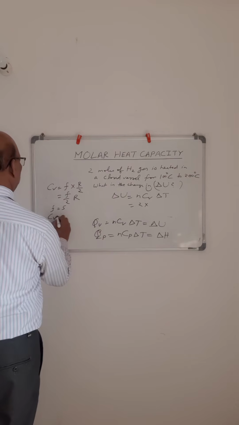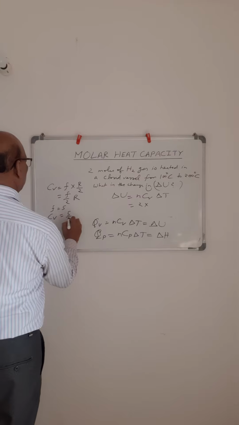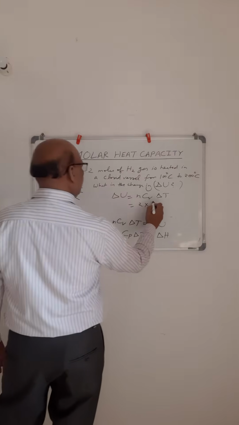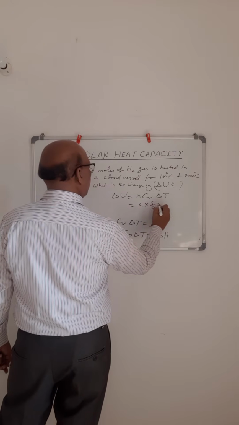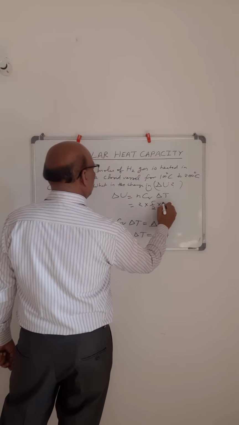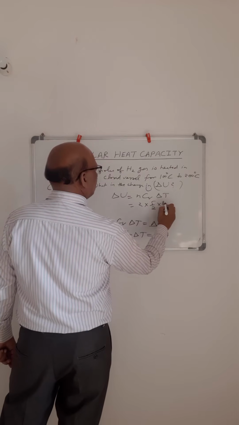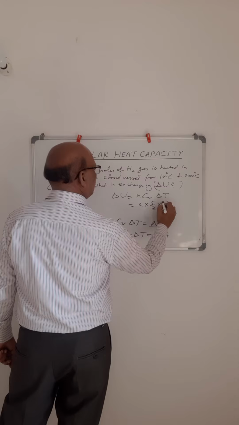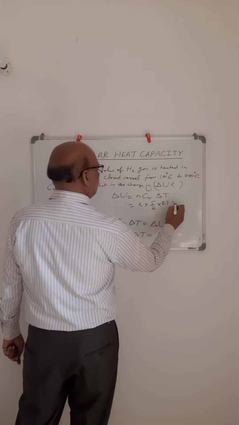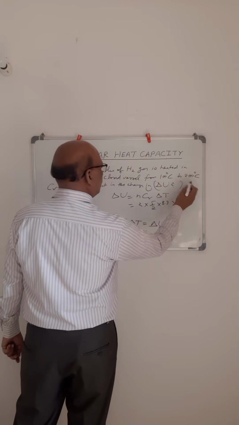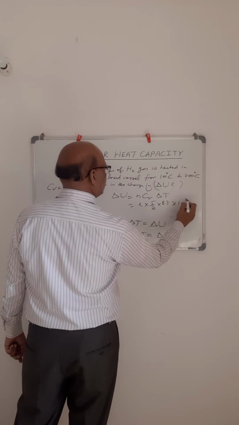So Cv will be equal to 5 by 2 R, and R is nothing but 8.3 joule per mole Kelvin, multiplied by delta T, which is 200 minus 100, that is 100 degrees Celsius.